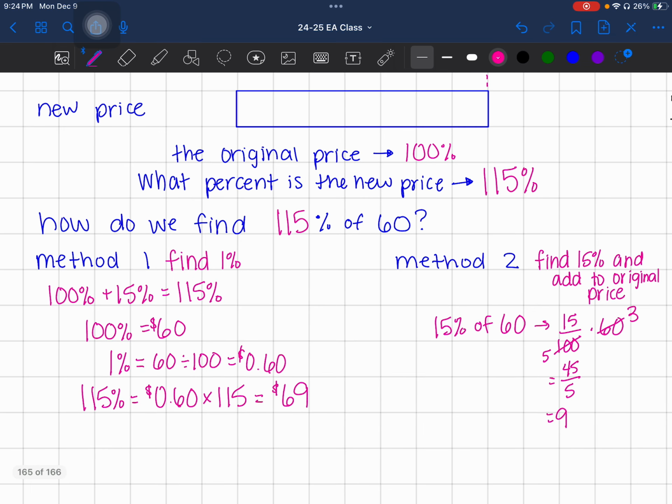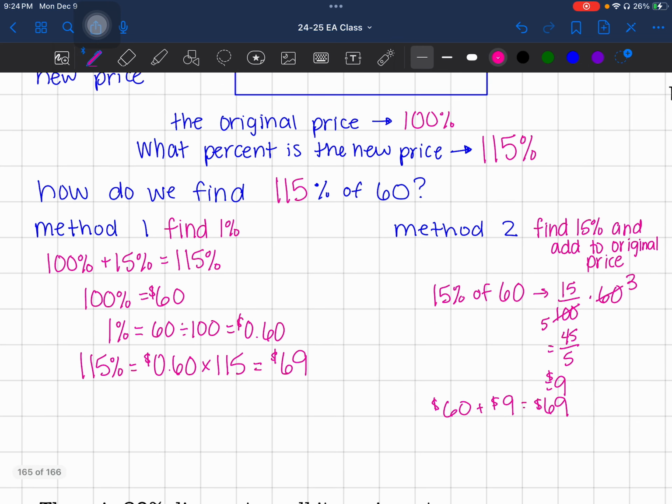So 15% of 60 is $9. $60 was the original price plus $9 equals $69. So the pair of shoes cost $69 now.